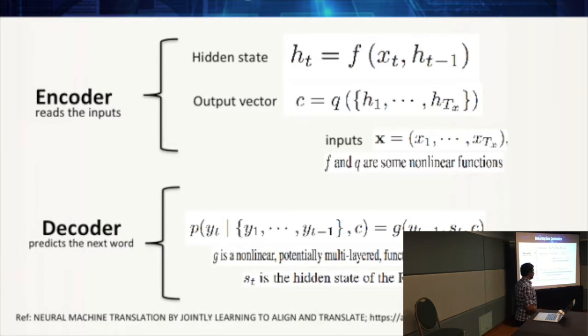What's the difference between this S and the H? They're all hidden states. S is the hidden state of the decoder, and H is the hidden state of the encoder.